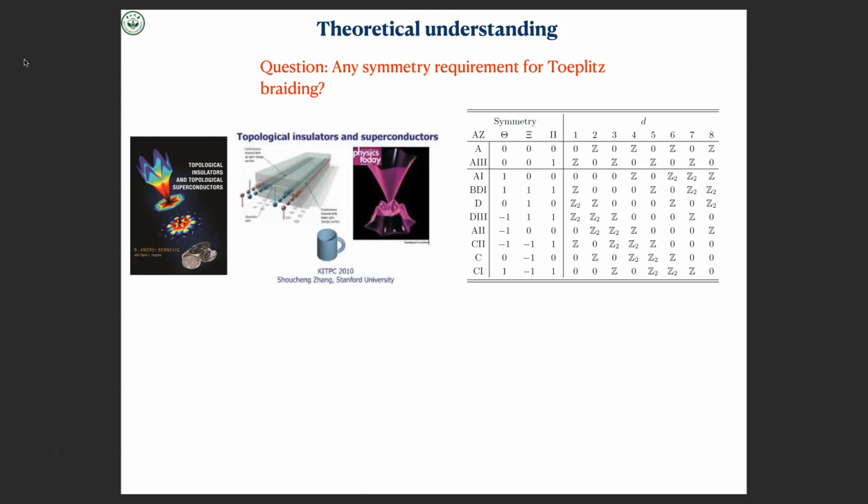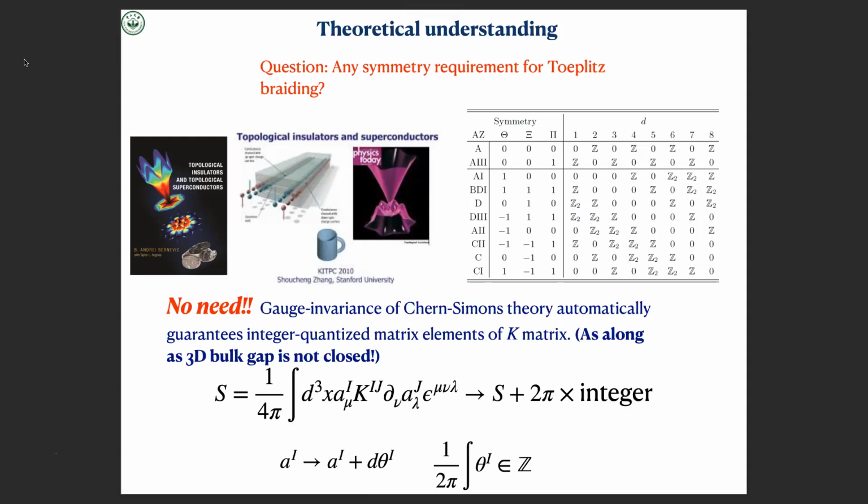The answer is no. Because this gauge theory for tensor theory automatically guarantees integer quantized K. So as long as the 3D box is not closed, it's open, this coefficient K is already quantized, as long as this bulk is gapped. So we don't need any additional global symmetry to protect this phenomenon. It's pure topological. We don't need additional chiral symmetry or any symmetry.